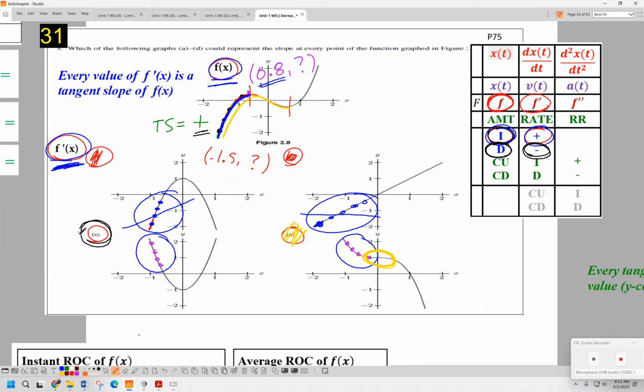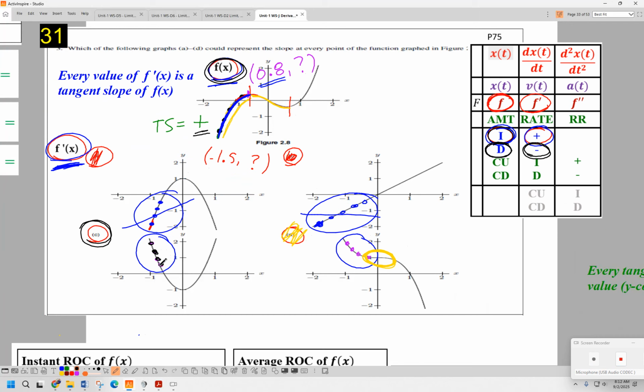You gotta hear what he said. The y coordinates you see here are not telling you anything about the y coordinates you see up here. They tell us nothing about their actual value. These y values only tell us the slopes or rate of change of the values up here.